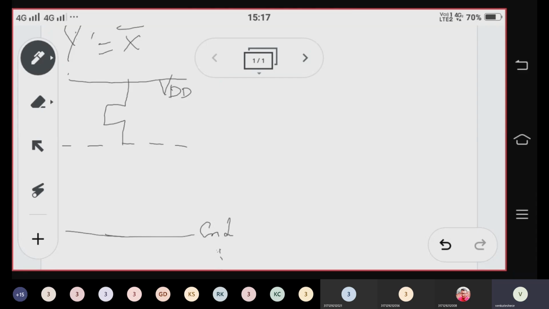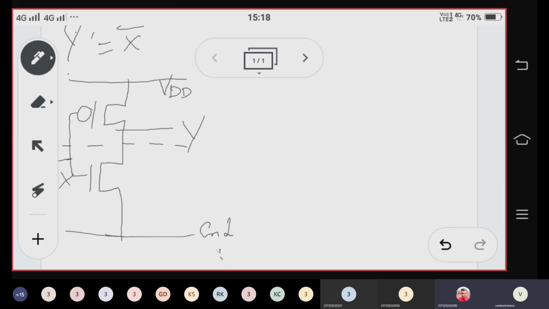So we have one PMOS transistor in the pull-up network and one NMOS transistor in the pull-down network. So it is a CMOS inverter. Always we will take the output in between the pull-up and pull-down network. So here I am taking Y, and here I am giving the input X.